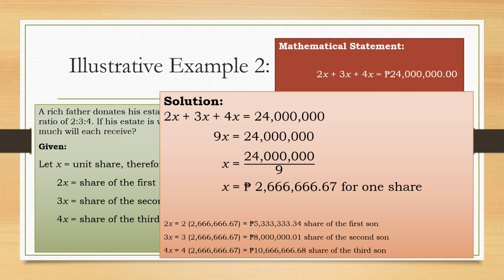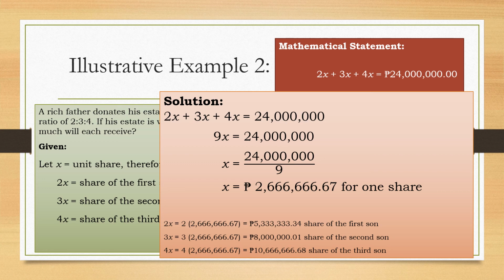So adding 2x plus 3x plus 4x, the sum of it will be 9x is equal to 24 million. Now, to solve for the unknown, let us divide both sides by 9. So x is equal to 24 million divided by 9. So the value of x now is 2,666,666 and 67 centavos for one share.